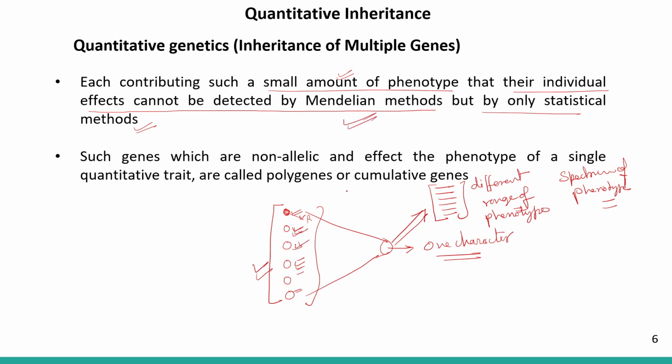To know how it works, we have to follow the statistical method. Such genes which are non-allelic and affect the phenotype of a single quantitative trait are called polygenes or cumulative genes. This shows a cumulative effect, because the character comes from the involvement of all the genes.